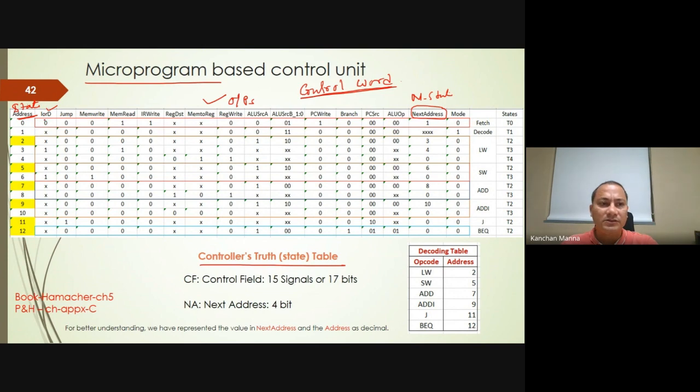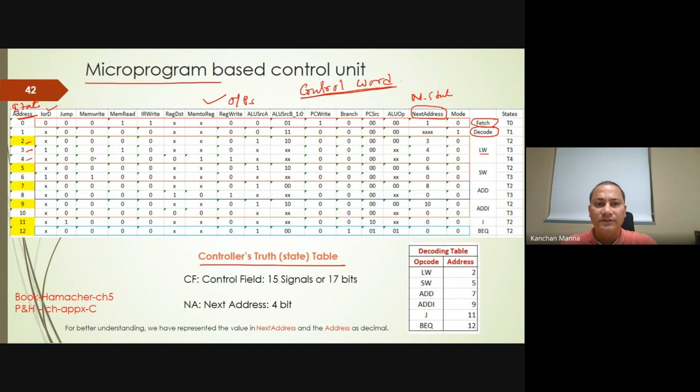In the first location, the 0th location, we have stored the control word related to the fetch state. Similarly, in the second location, we have stored the control word related to the decode stage. Now in the third location, we have stored the control word for the LW instruction, and the entire control word has been stored in 3 consecutive locations: second, third, and fourth.